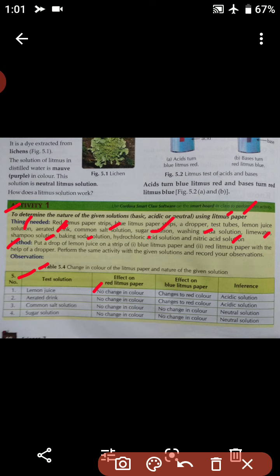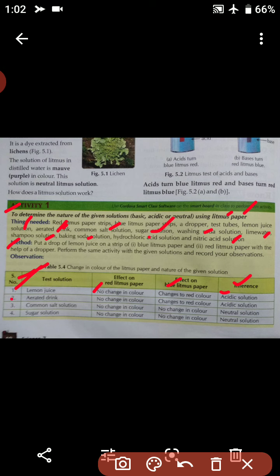But in case of blue litmus paper, it changes to red color. Okay, so the inference is acidic solution. From there we come to know that lemon juice is an acidic solution.